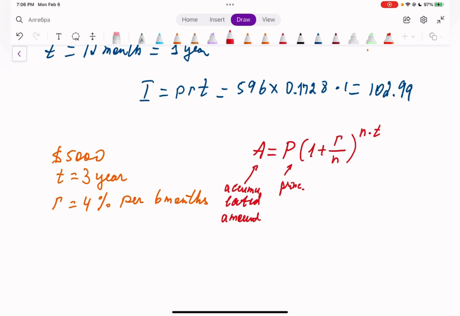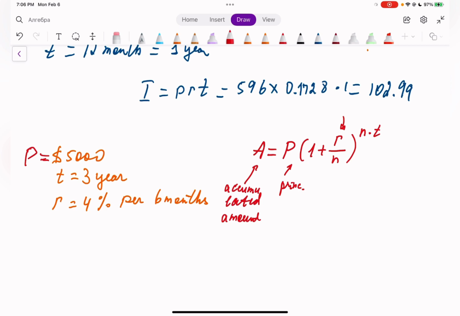All right, P is the principal, I told you already. R is the interest rate, 4%. We already know the interest rate. And t is the time in years.